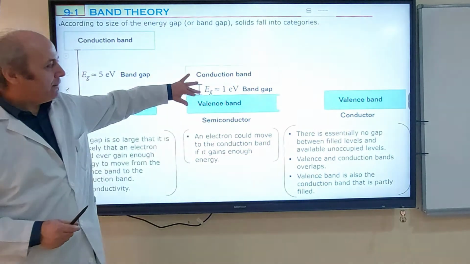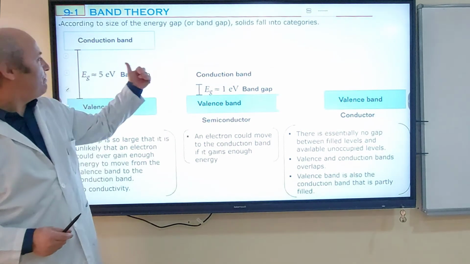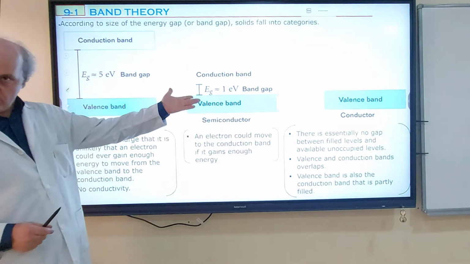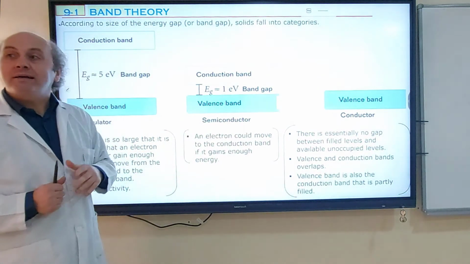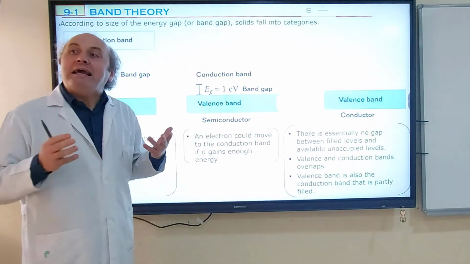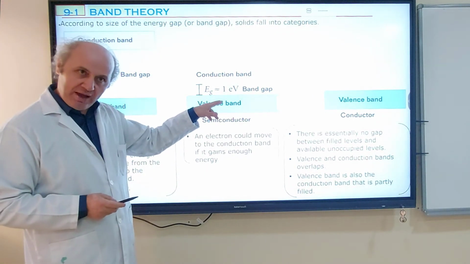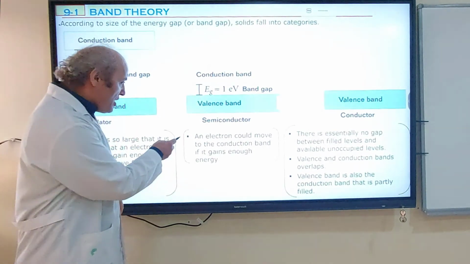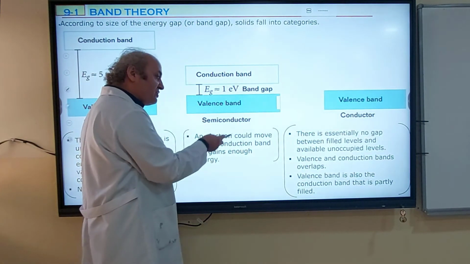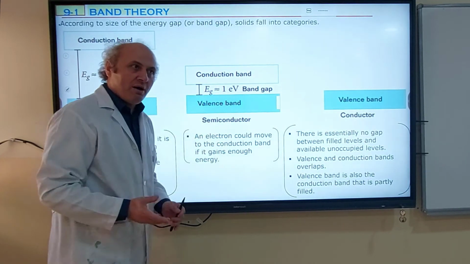But look at the second one. Semiconductors. Look at the gap. The gap is 1 electron volt. So compared to insulators, it's small. So these semiconductors could be conductors if you are able to make these electrons gain 1 electron volt of energy. An electron could move to the conduction band from the valence band if it gains enough energy. But how can you make it?